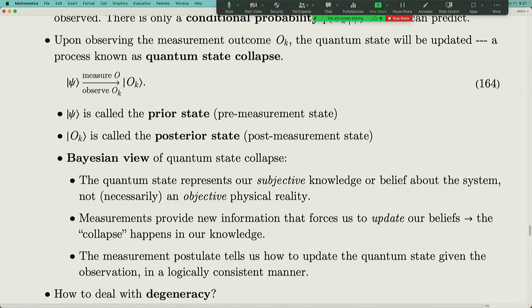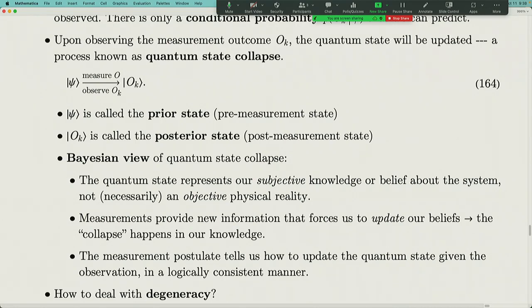But there's, I think, a nice view of this process that maybe helps, which is the Bayesian view of probability theory, which dates back before quantum mechanics. Before quantum mechanics, when people tried to understand random processes and use probability to describe randomness, they already had two different views. One is called the frequentist view, which takes the idea of viewing probability as a limit of frequency.